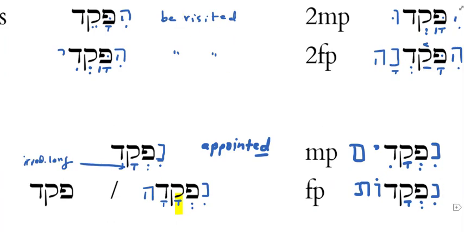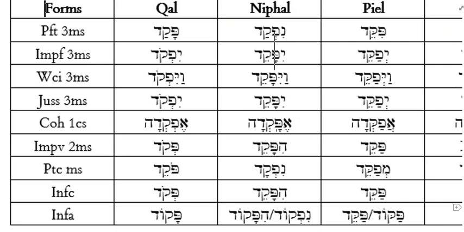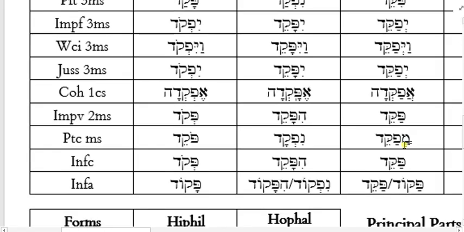Last two principal parts are the infinitives. The infinitive construct is going to be identical to the imperative form. So we have hipaked for be visited, and hipaked as the Nifal infinitive construct, the act of being visited, or the act of being appointed.